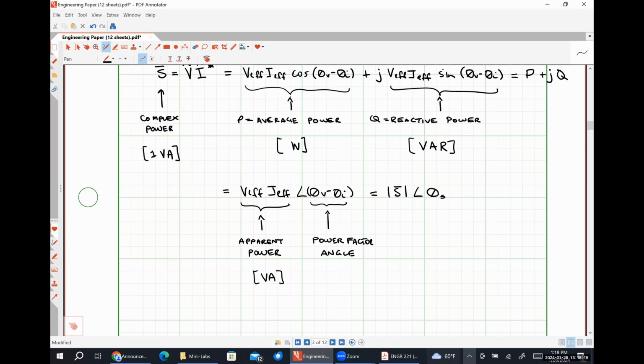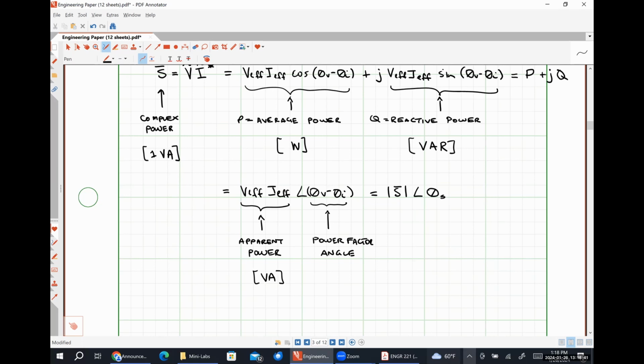So if the voltage and the current were perfectly in phase, the apparent power is how much power am I going to have? In a real system, they're never exactly in phase because there's real parts of the load and reactive parts of the load. But the apparent power is, like I said, a worst case scenario. And so that's what we typically use as a design criteria for a system.